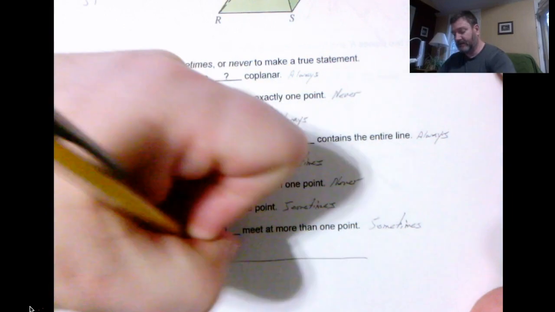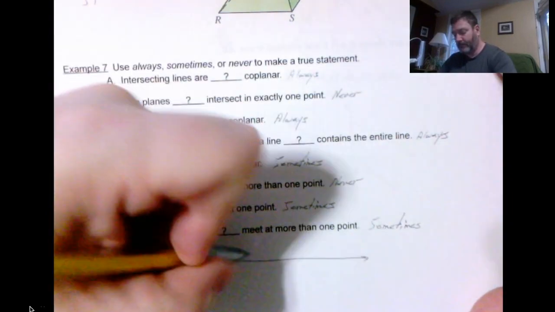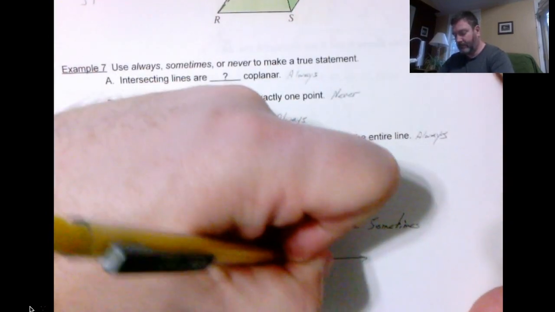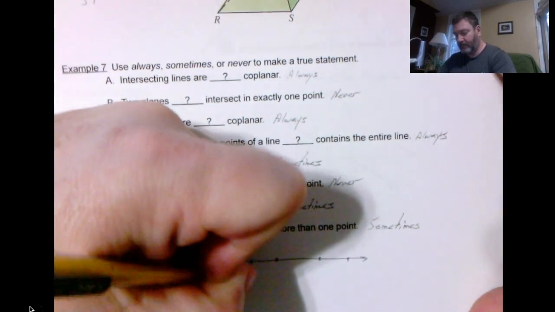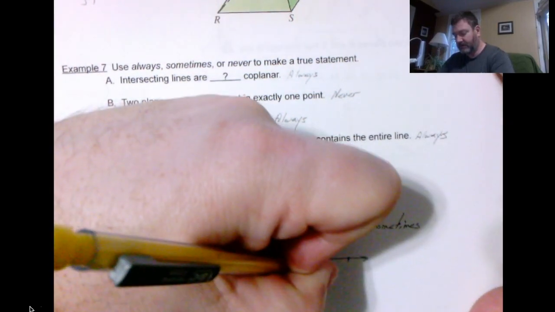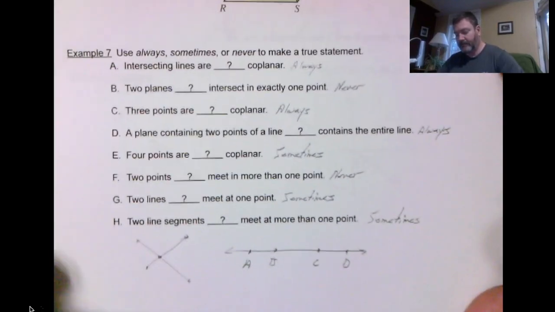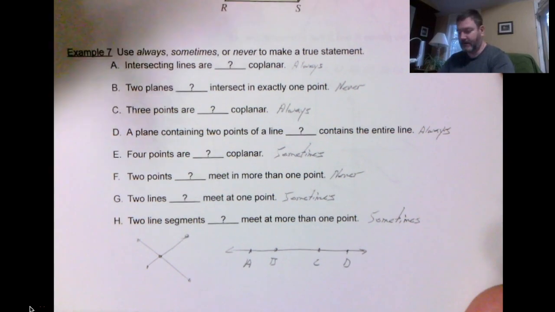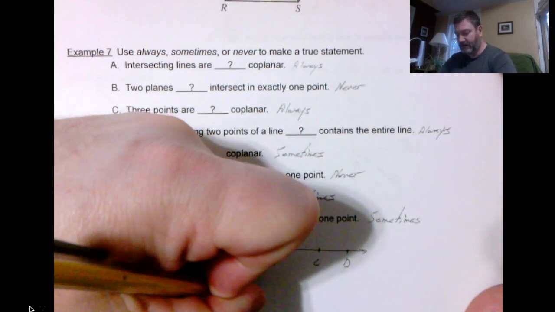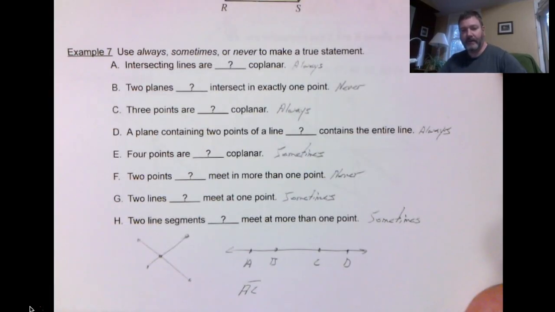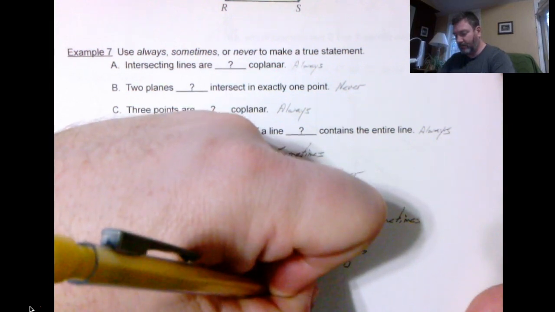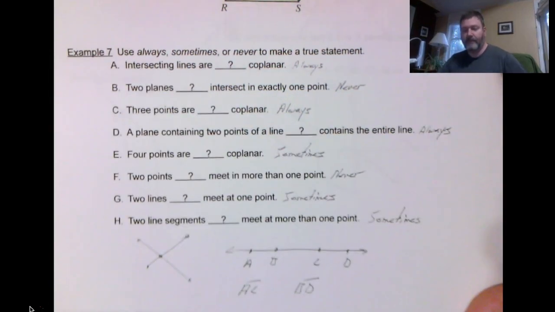Let me draw this example here. A, B, C, and D. And let's take a look at segment AC and segment BD. Where do segment AC and segment BD intersect?